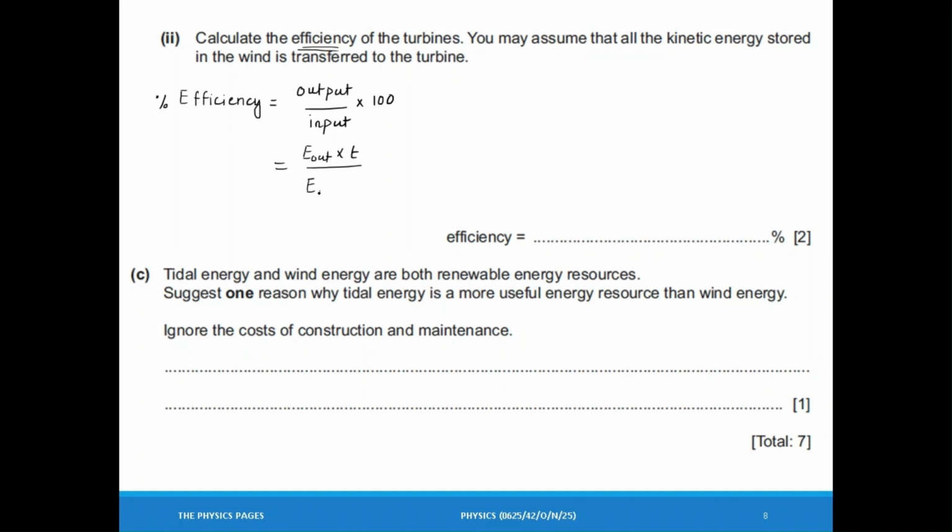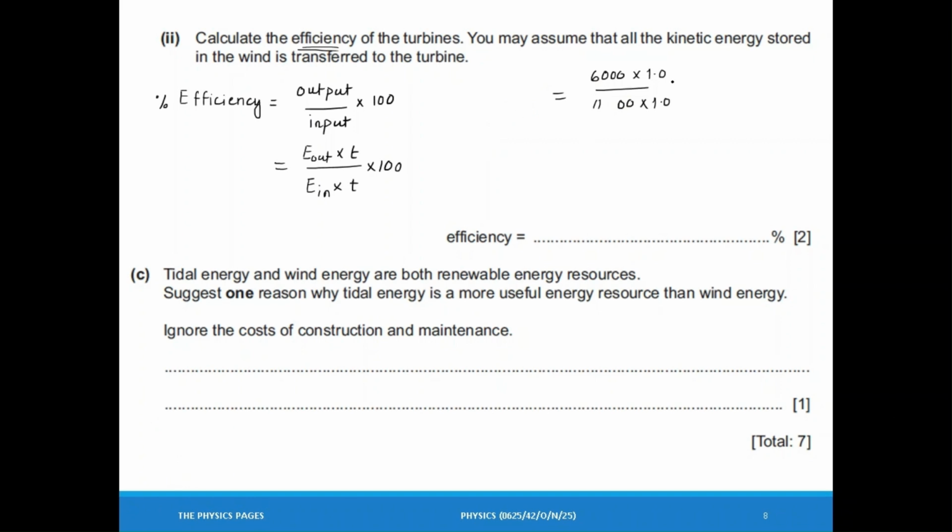So I can neglect it, but I just want to be sure that it is output energy over time, over input energy over time, multiplied by 100. Here I will substitute the values. I can get efficiency is 6000 times 1 second over 11,000 times 1 second.